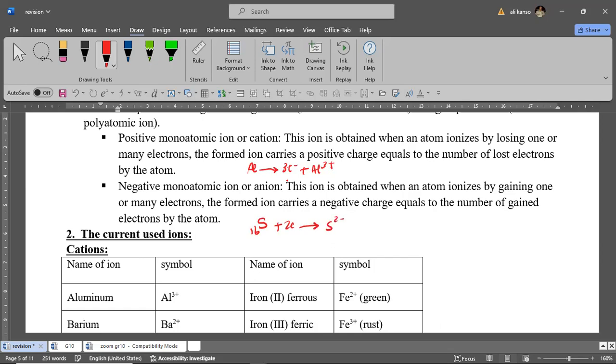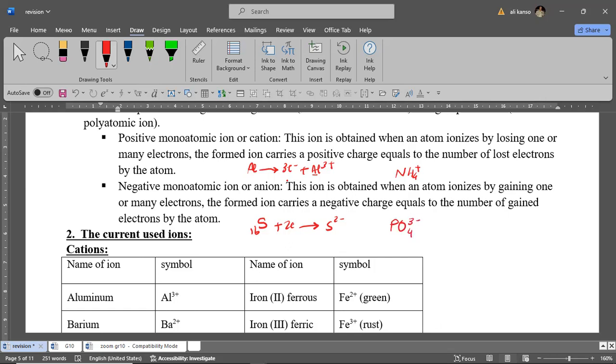There are monoatomic and there are polyatomic ions. Monoatomic is just one atom. Polyatomic is many atoms together that are charged, like ammonium, NH4 plus, or PO4 3 minus, which is also a polyatomic anion.